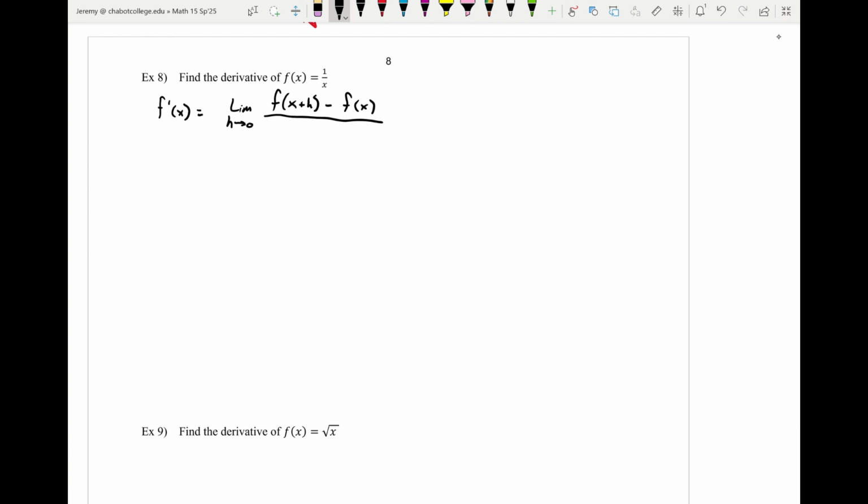I'm really good at memorizing formulas because I write them down every time that I use them. If you haven't learned that about me already. Now I'm going to just substitute in my function. So this is going to be 1 over x plus h minus 1 over x all over h.